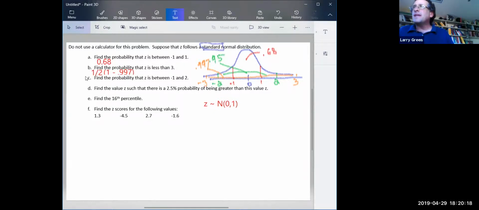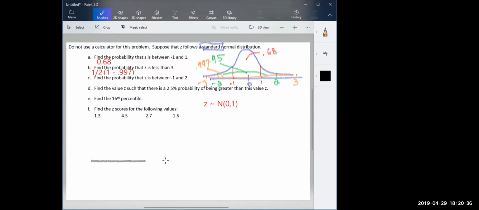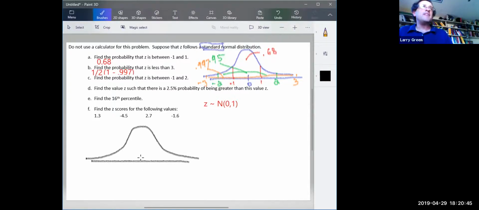Okay, let's look at the 16th percentile. So I'm going to draw the picture again. It got too messy. So let's draw the picture again and let's do part E. If we want the 16th percentile, what does that mean?